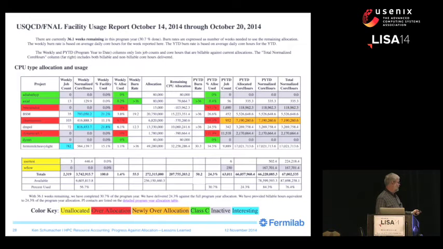So when I said Charmonium reached their budget, that's the reason for this color out here. That says that this week they reached their allocation. So they had this many hours they processed in the week, and that put them that far over their allocation. So the red is somebody that's already reached and used all of their allocation, and now we're starting to show in negative numbers what they're accumulating.